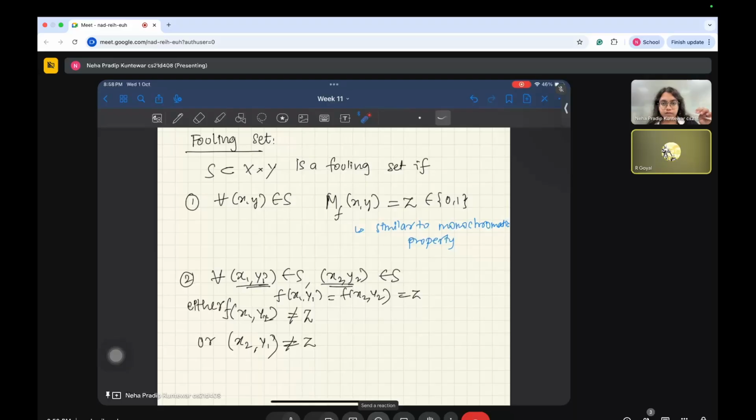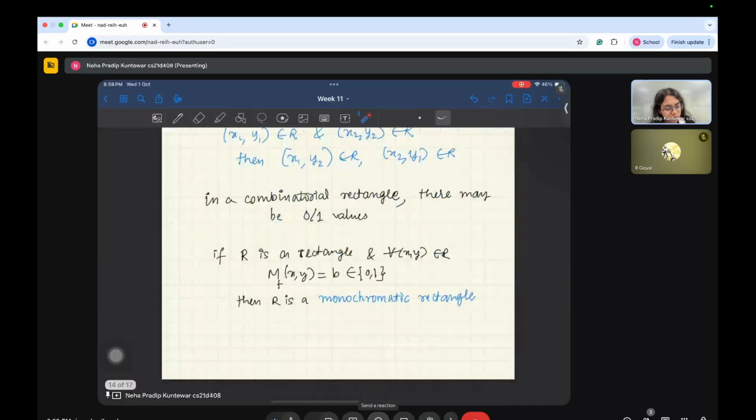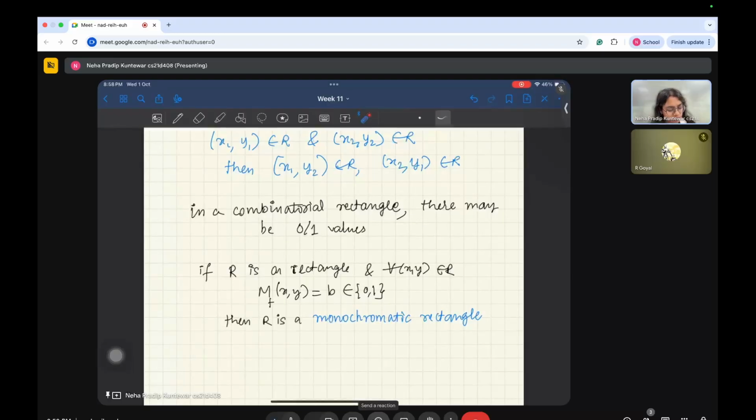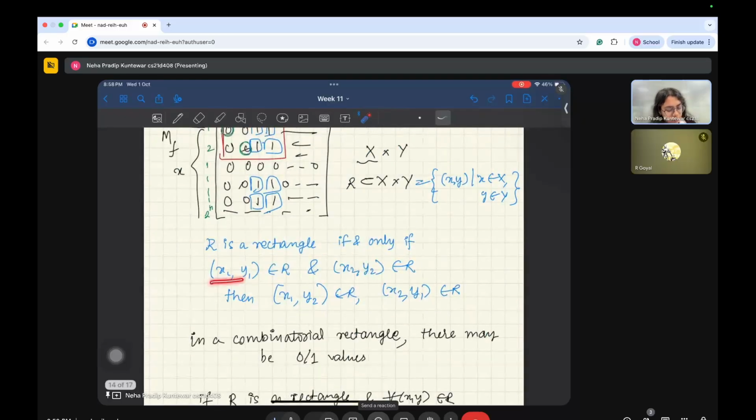Oh, okay, now I understood. So it is almost the same as a rectangle. For a monochromatic rectangle, we said that all the elements will evaluate to the same value, either all zeros or all ones, and if x1 y1 and x2 y2 are in the rectangle, then x1 y2 and x2 y1 should be there.